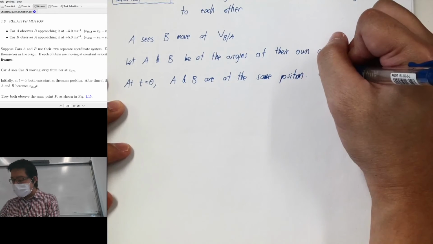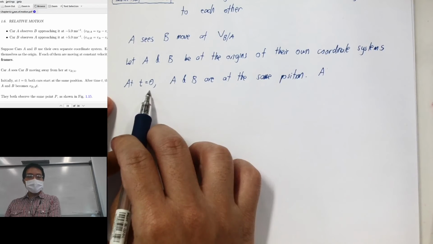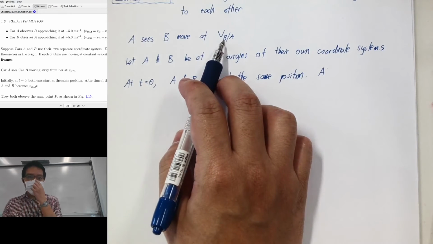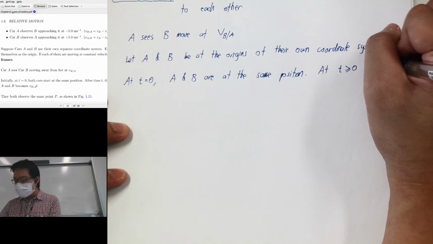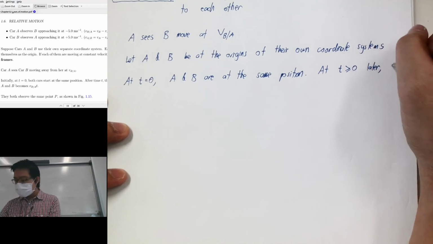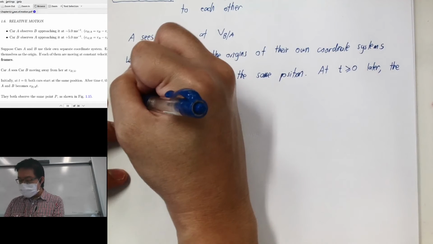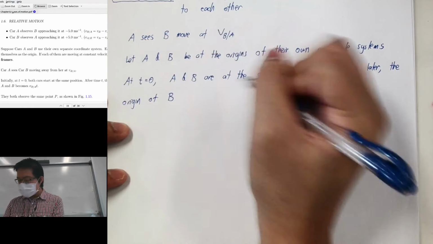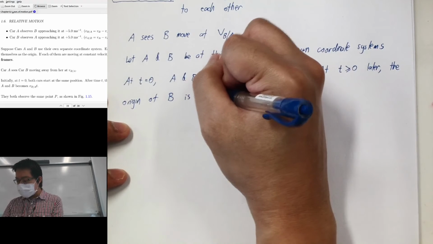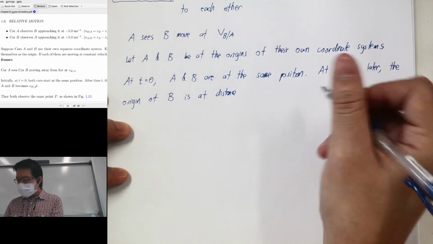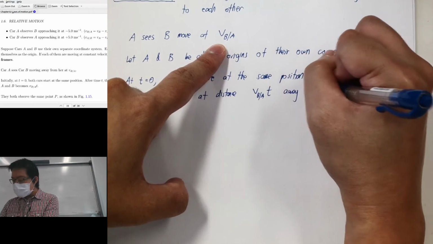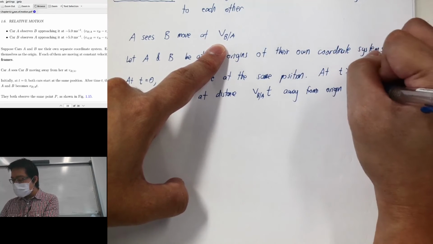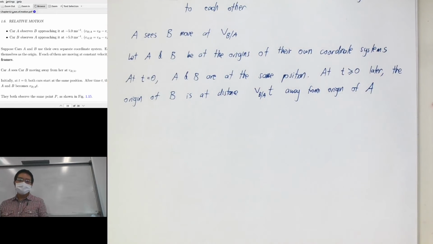What does this mean? If at time 0 they are at the same position, but B is moving away from A at VBA, then at some later time greater than 0, where is the origin of B? The origin of B is at distance VBA times t away from the origin of A. It will be clearer if we draw pictures.